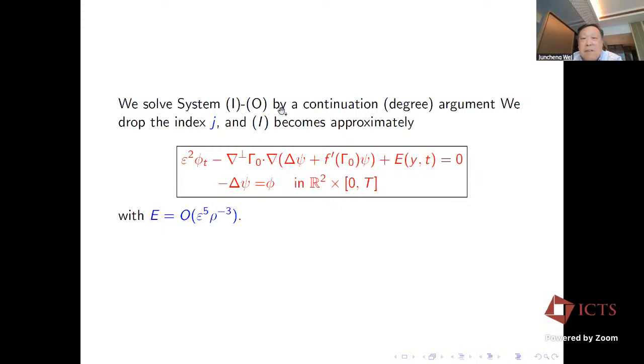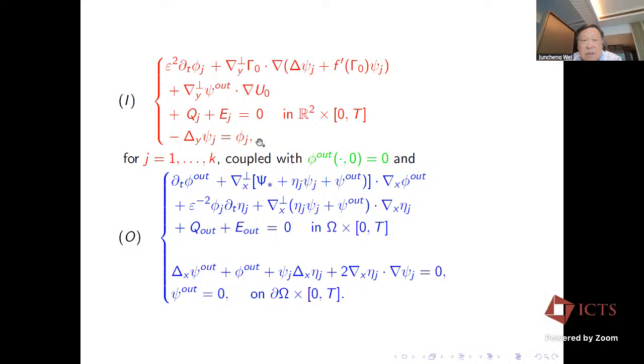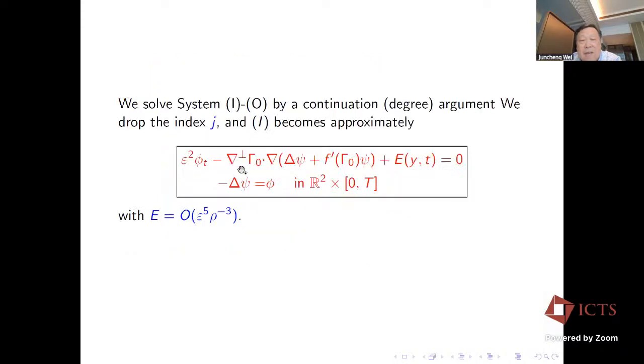We solve this system by a continuation degree argument. Now we need to solve the inner problem, which couples the transport equation with the third order elliptic equation. We need to get some kind of uphill estimates for the inner problem.